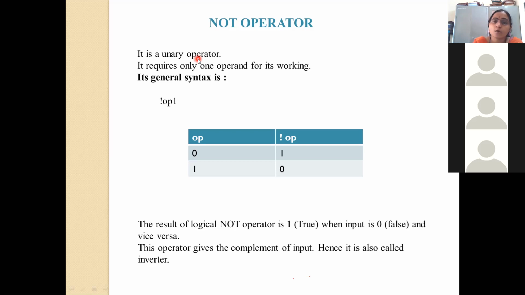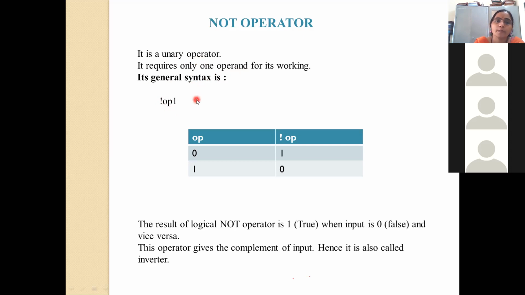But this is not the case with the NOT operator. The NOT operator is called the unary operator. Unary means what? Unary means one. This operator requires only one operand, only one value, to perform the operation. And that's why it requires only one operand for its working.